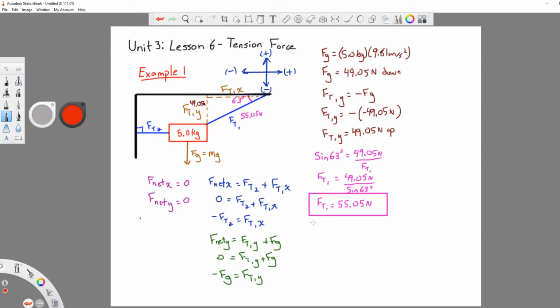Let's use red. Okay. So Ft1x. No, I'm going to use a tan rule here. So let's say the tan. I can write it all out. Yeah, tan of 63 degrees is equal to adjacent over hypotenuse. So Ft1x over adjacent over opposite, 49.05.